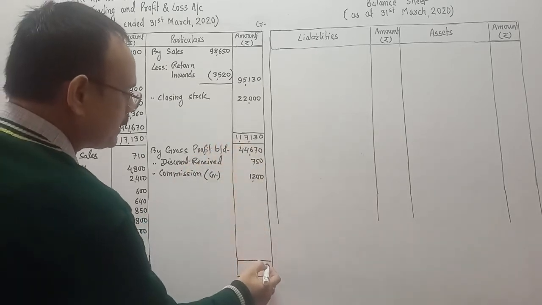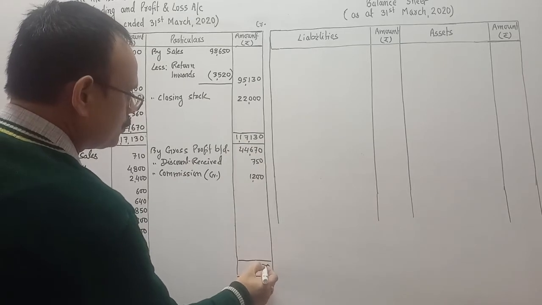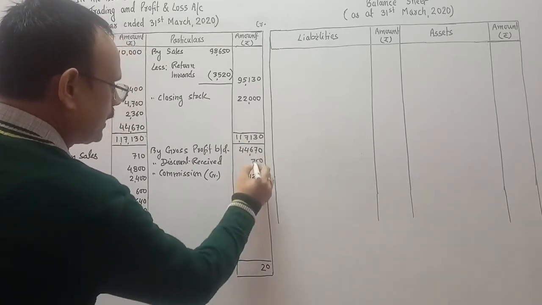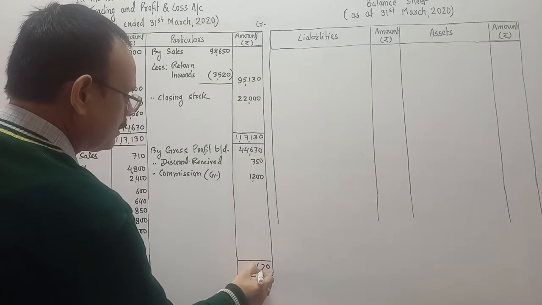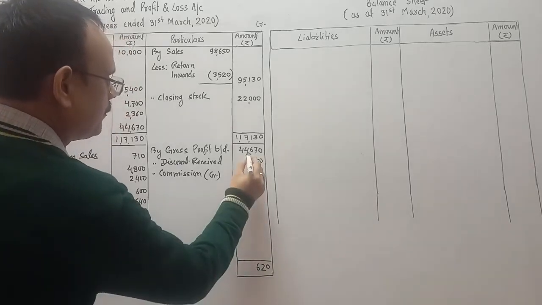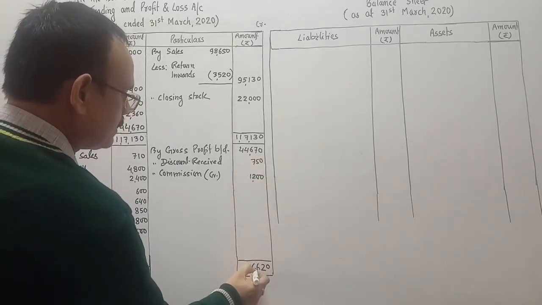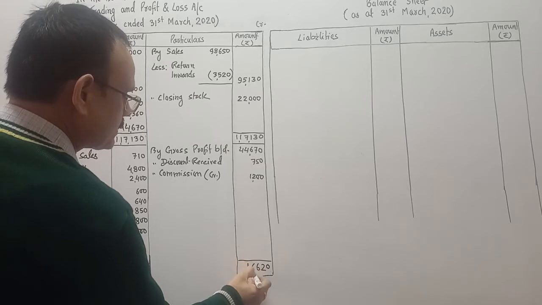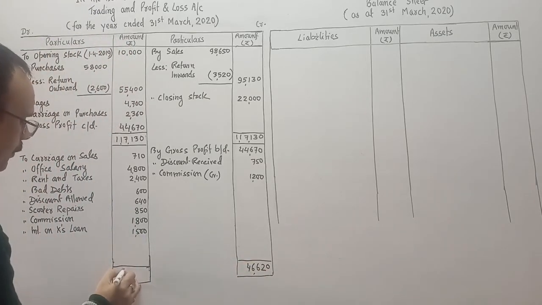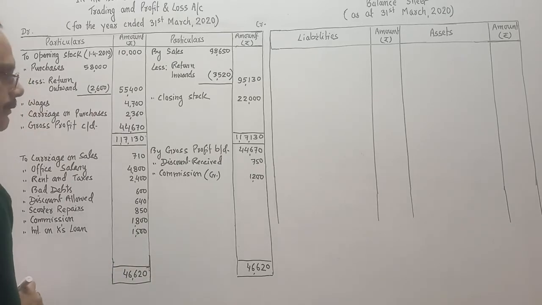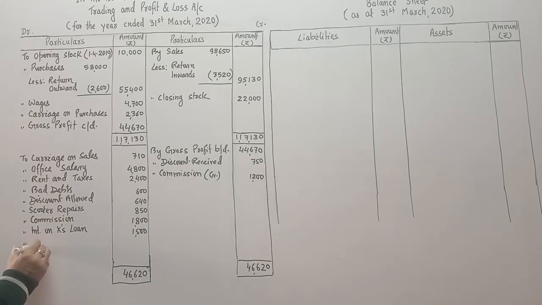So this side total is 46,620. This is the total I have written on the debit side as well. And now the difference is net profit.